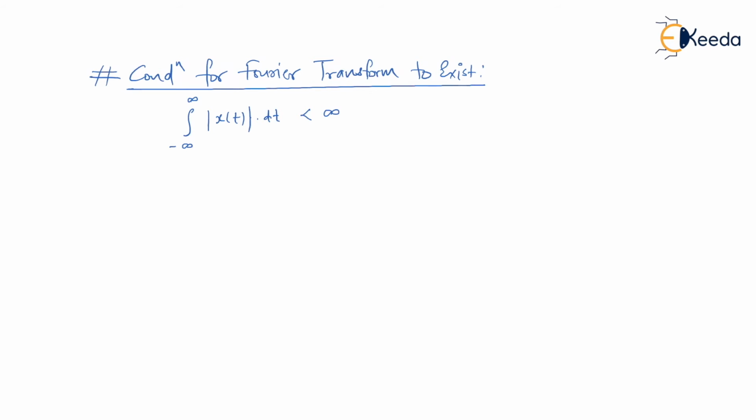So this condition is mathematically interpreted as x of t must be integrable. And further, having an integration means calculating area under the curve, so you can also say that the area under the curve of x of t must be finite.